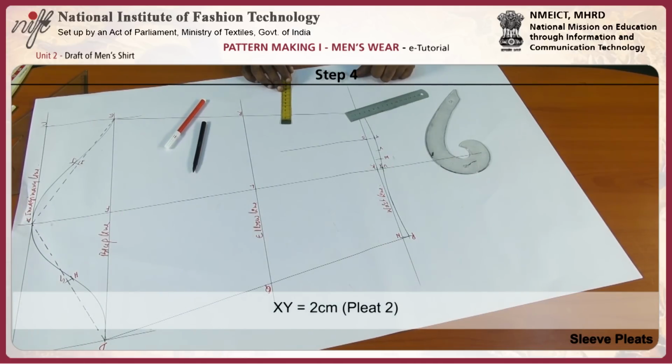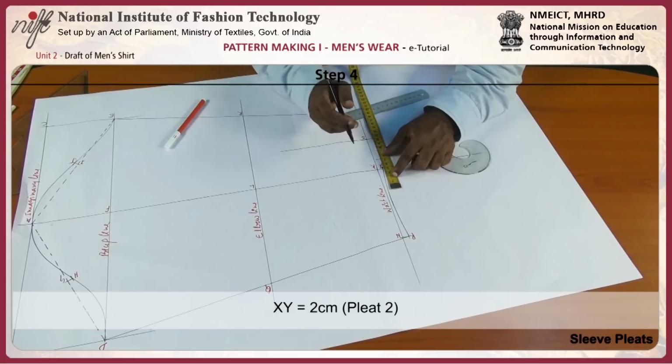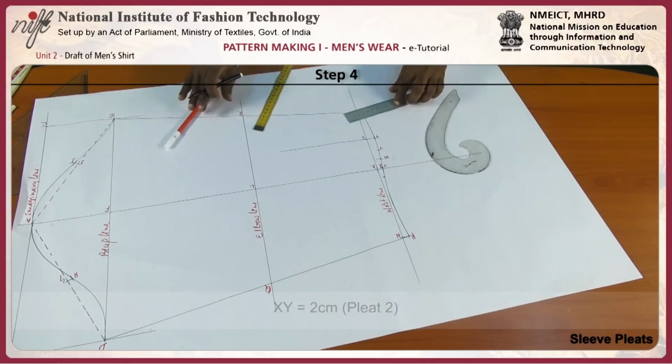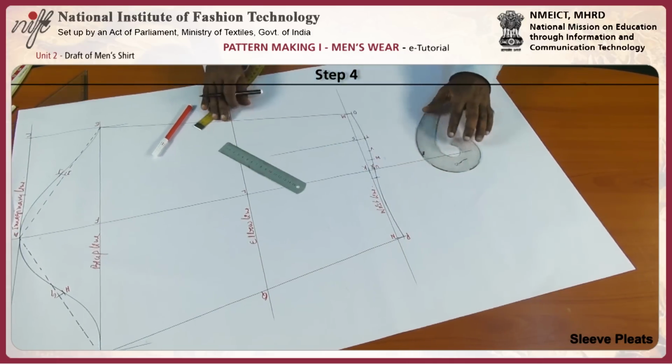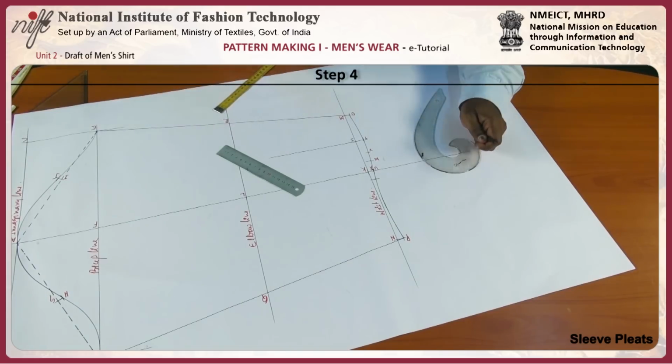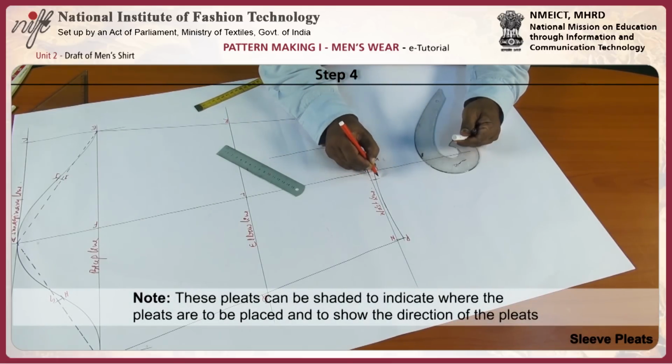From point X to Y is 2 centimeter, the second pleat allowance or depth. Point Y.